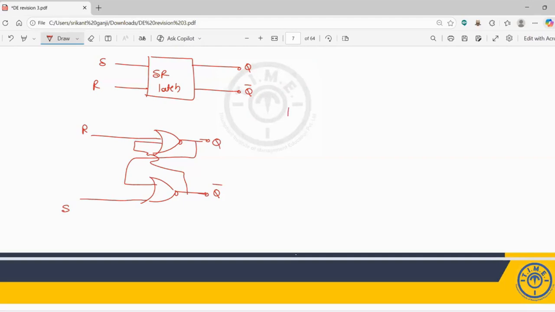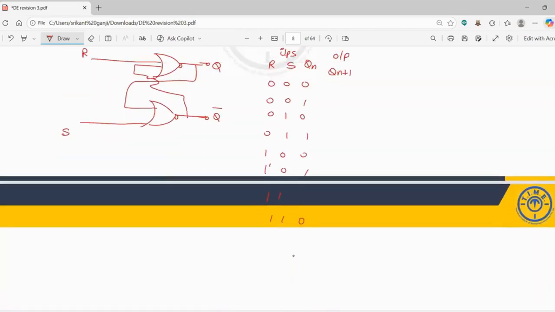What is the truth table of the SR latch? RS are the inputs and the output is Qn plus 1, the next state. The rows are 0 0 0 0, 0 0 1 0, 1 0 0 1, 1 1 0 and so on.